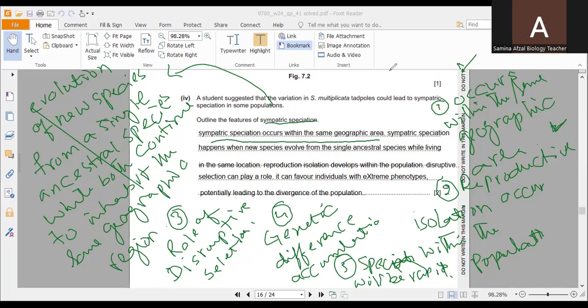They will adopt different feeding habits due to the availability of different types of food resources. They also prefer different types of breeding partners, and they will have different methods or different times for breeding.